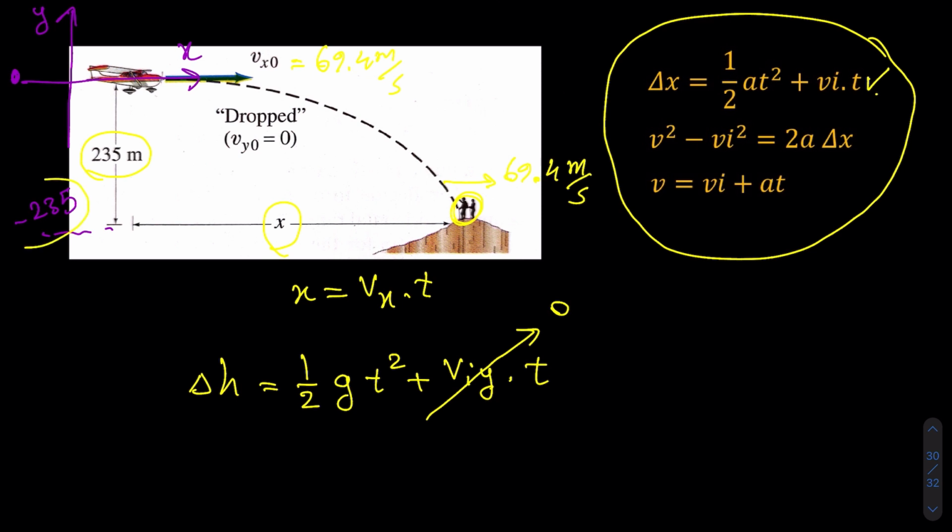That means the second position minus the first position, which is negative 235 meters, is equal to a half of g, the acceleration due to gravity, which is negative 9.8 meters per second squared.